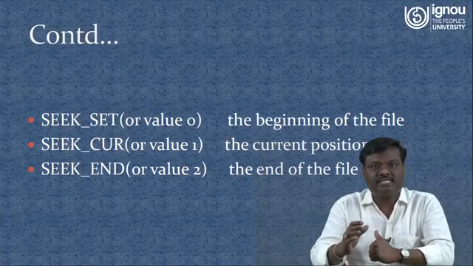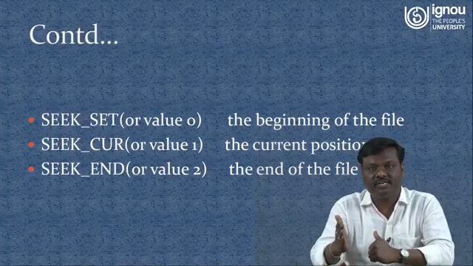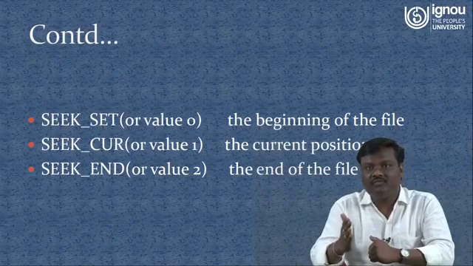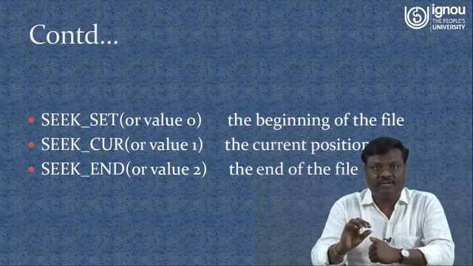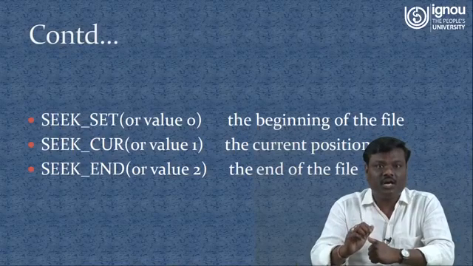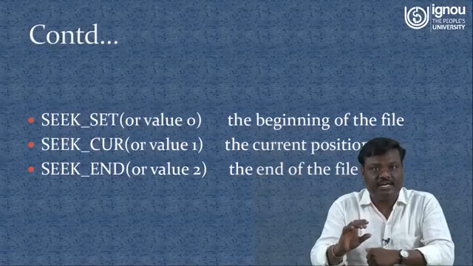Among these, we had seen there are 2 types of files C can work with. One is the text file and the other is the binary file. Later on we had seen the formatted functions, for characters, for strings, for blocks, etc. And then we had seen how to access the files either in a sequential way or in a random way.